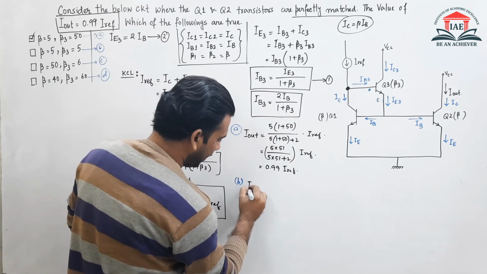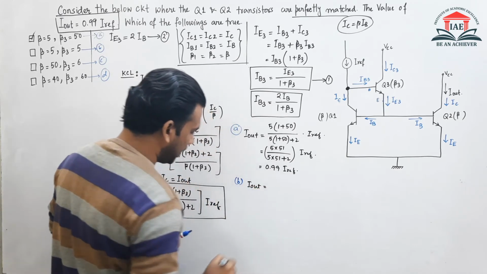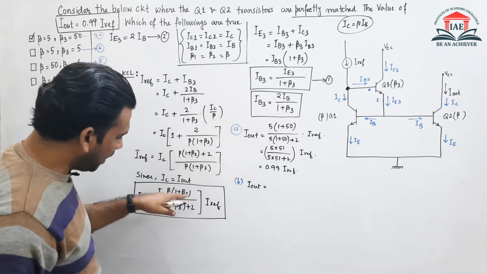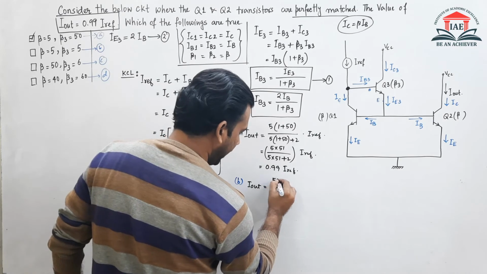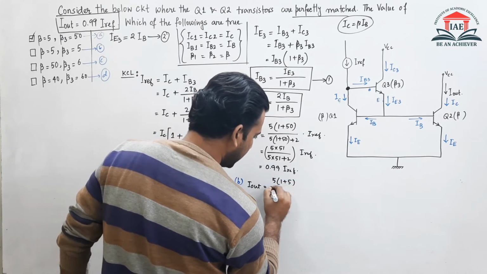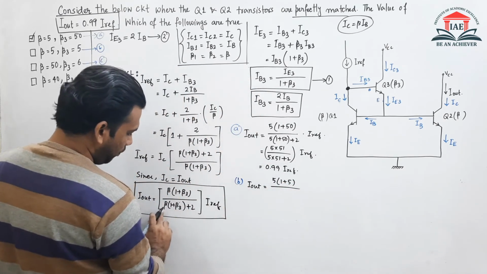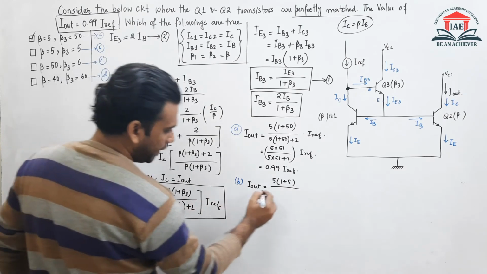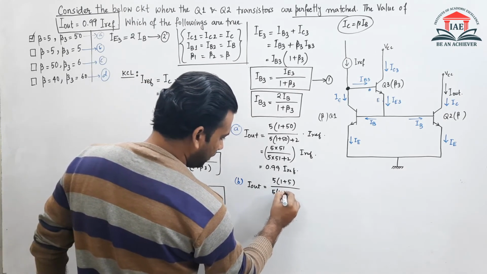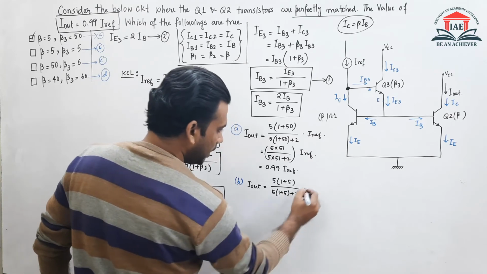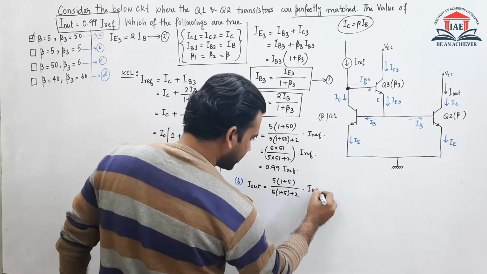So I can find the value of I out. So I out was beta into 1 plus beta 3. So it will be 5 into 1 plus 5 divided by 5 into 1 plus 5 plus 2 into I reference.